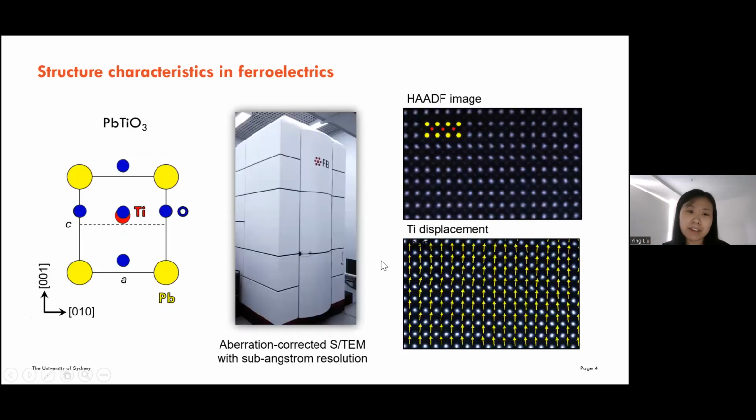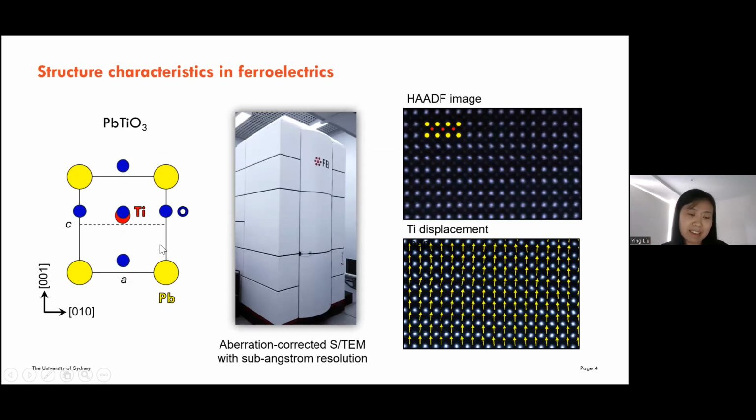For most ferroelectric materials, their polarization can be directly determined by the atomic structure. For example, this is a model of a typical ferroelectric material like lead titanate.